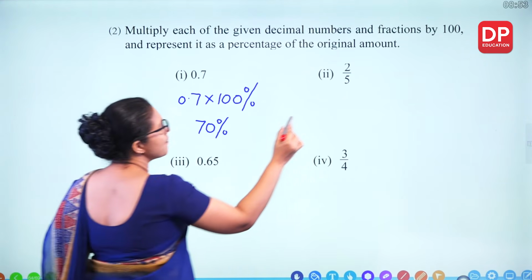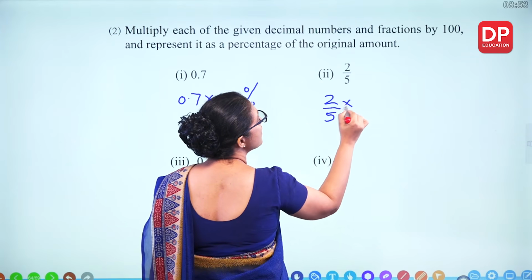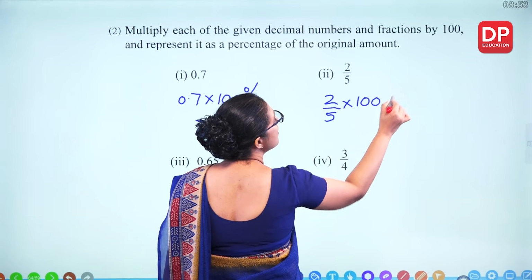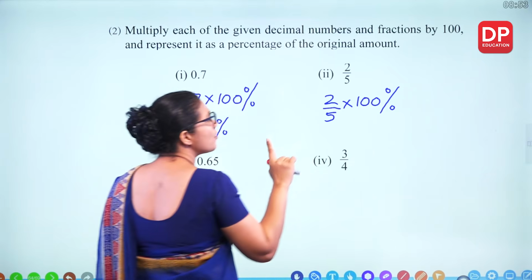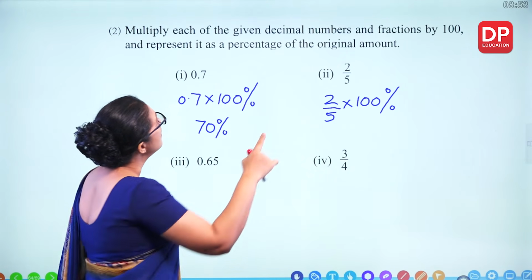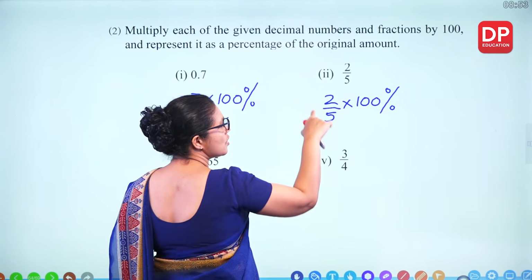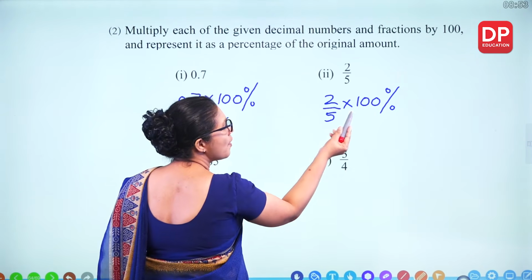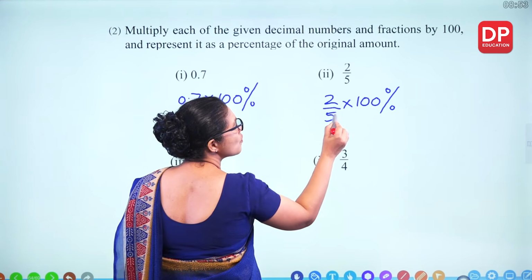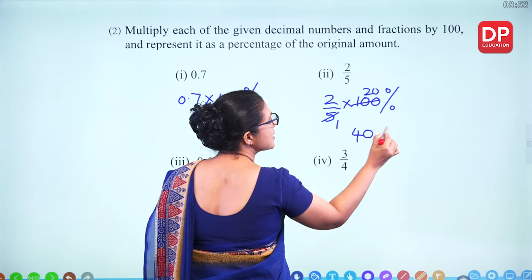2 over 5. You can multiply by 100%. Or you can convert to a decimal and convert to percentages first. I'll do both ways. If you are multiplying at once, so 5 times 20, that means 40%.